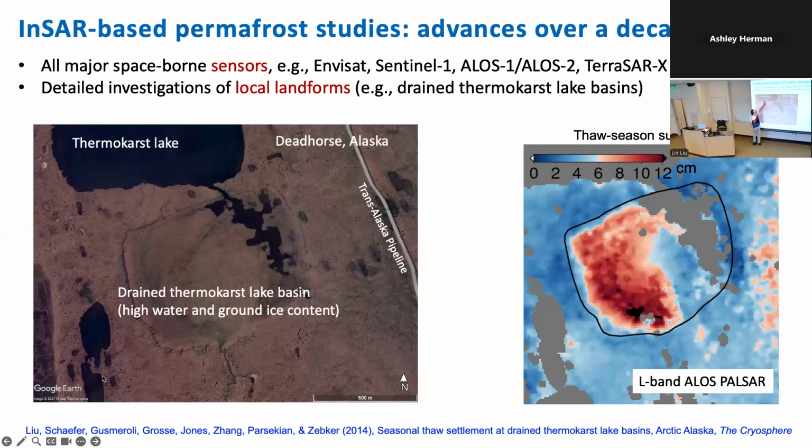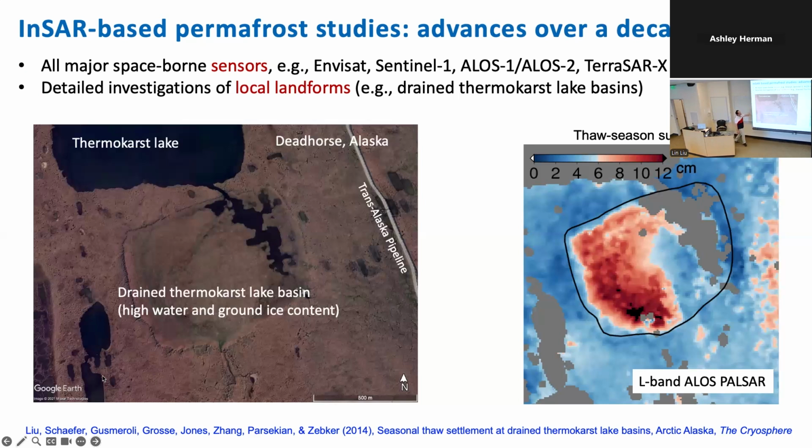Some lakes could drain. You can see the drainage because the bank failed and drained the lake, exposing dry land, which is a good target for InSAR because InSAR cannot easily tell the lake water body, but it can sense the deformation over the land area.